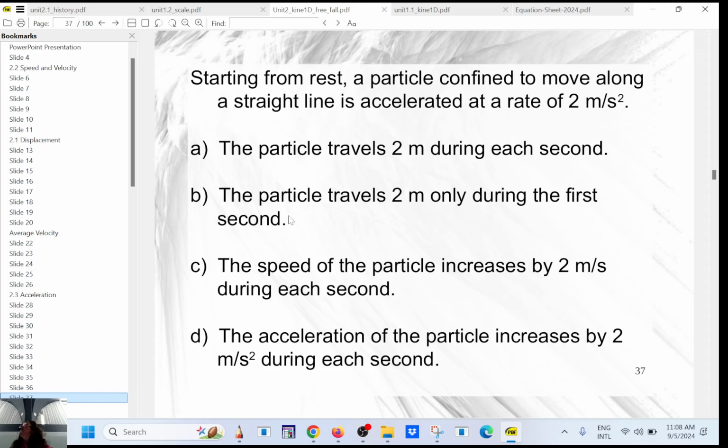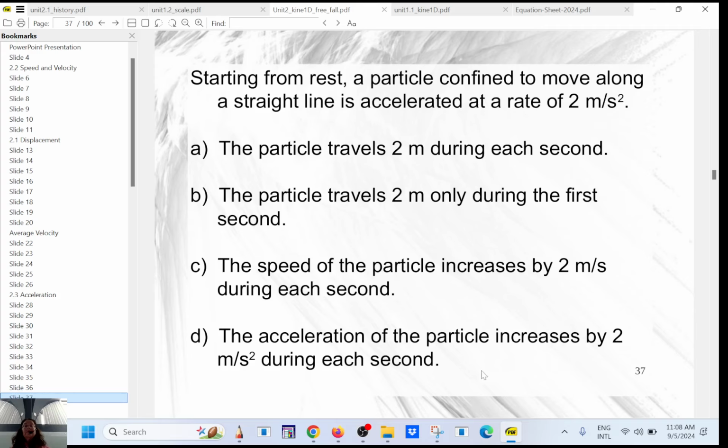So what do you think? A, B, C, D? C? C? Okay, it's a C, right? So it means that the velocity increases by 2 meters per second every second, okay?